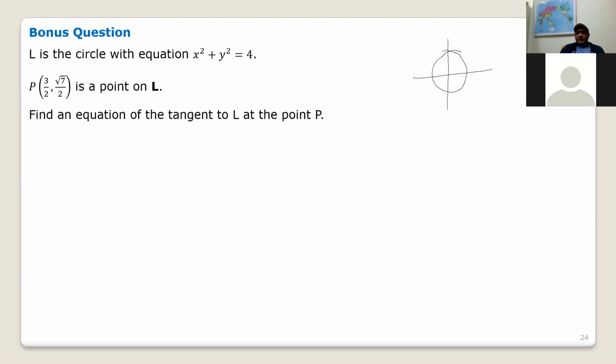Also let's write the x-axis and y-axis, x and y. Now the point is 3 over 2, square root of 7 over 2. Where is it? It is somewhere there. Let's mark a point. Now can you draw a tangent to the circle at this point?